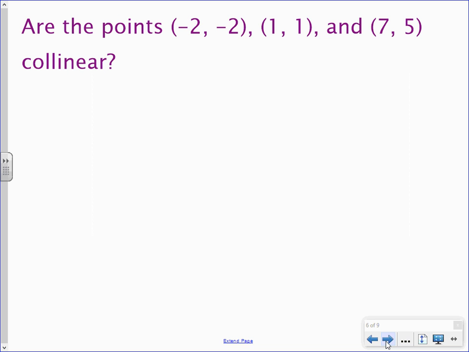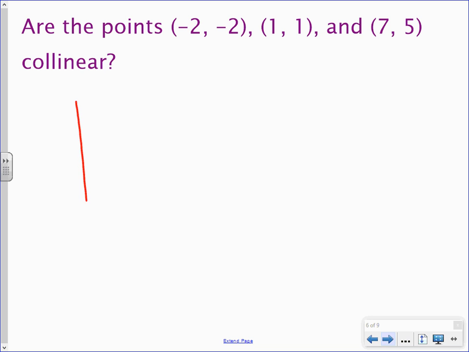So, go ahead and write these 3 points down. And we're trying to determine if they are collinear. You may want to include that. Are these collinear? Write the 3 points. If this were a question on the test, I would expect you to show me using a matrix.